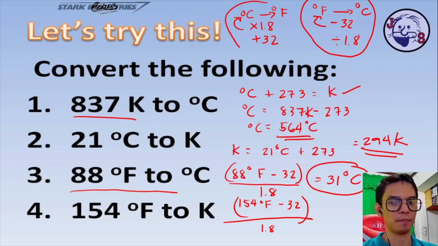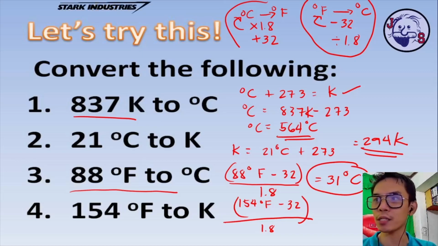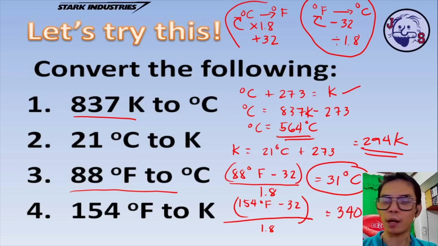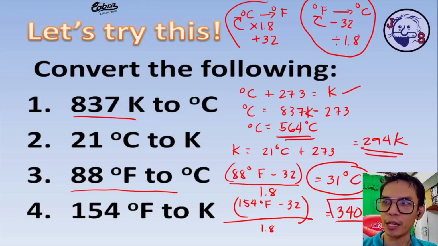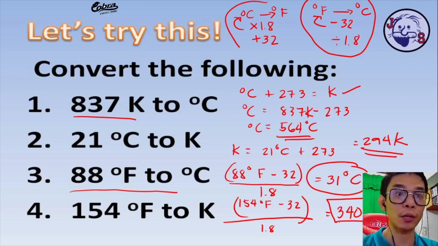Plus 273, the answer is 340.8 Kelvin. So that is the equivalent of 154 degrees Fahrenheit in Kelvin.